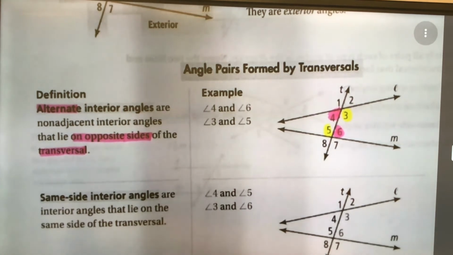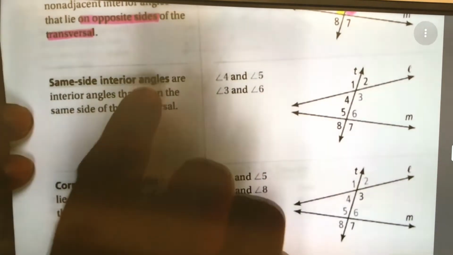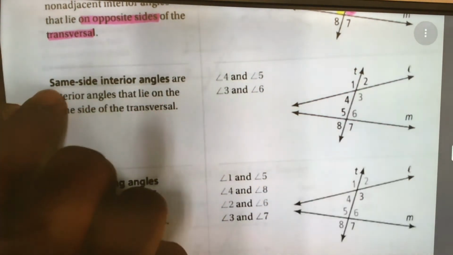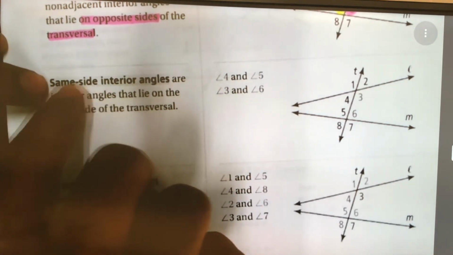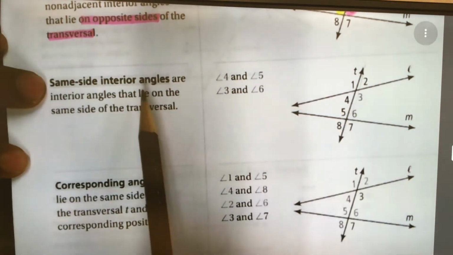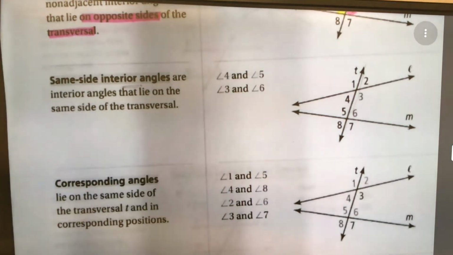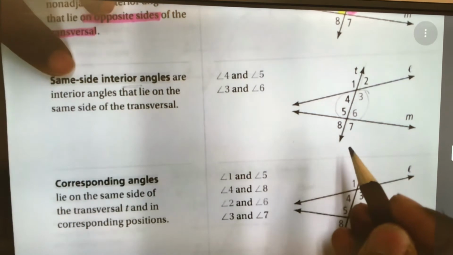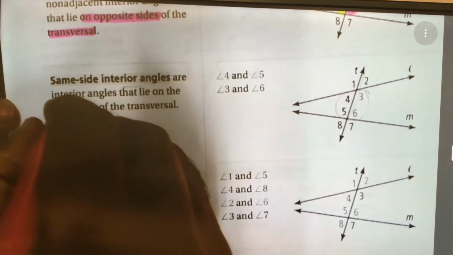The next one is same side interior. It means both angles should be inside the two lines and also on the same side of the transversal line. So which are the angles? The angles are here, they are inside those two lines, and at the same time on the same side of the transversal.